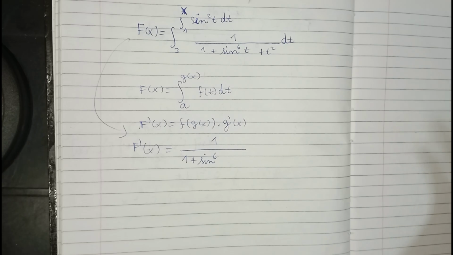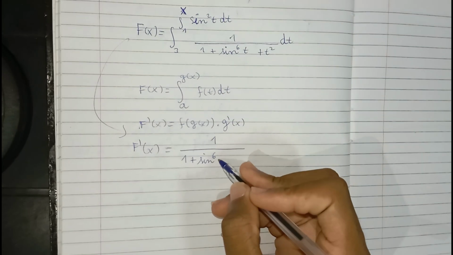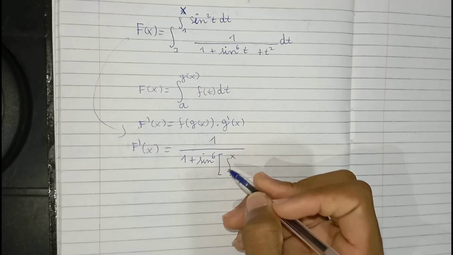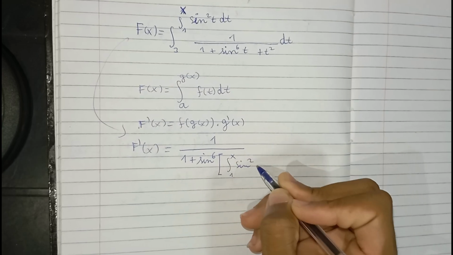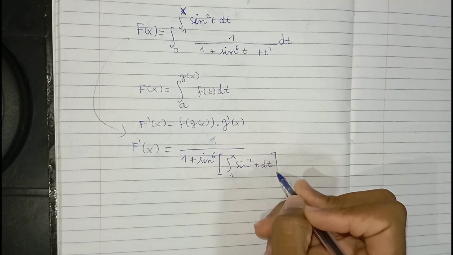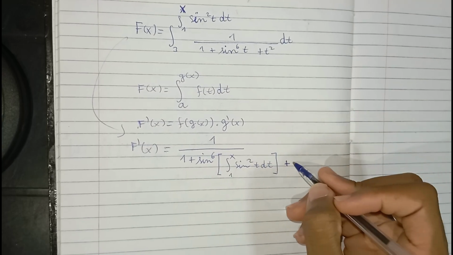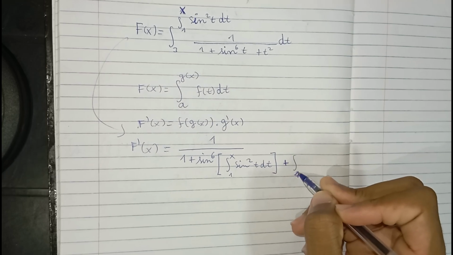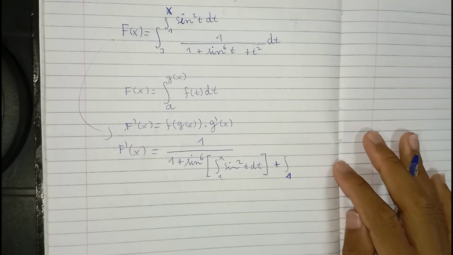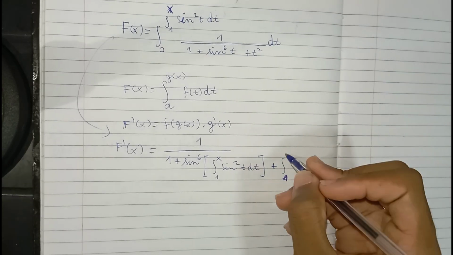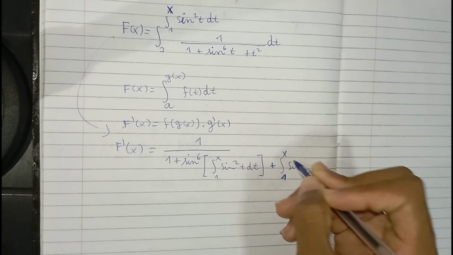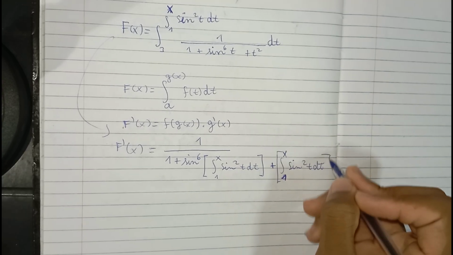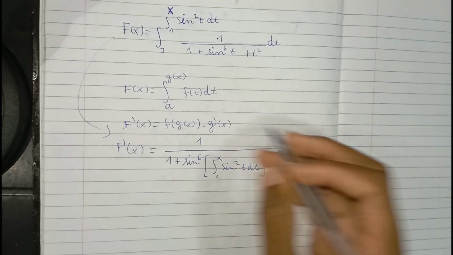Our g of x is this integral, so what we get here is the integral from 1 to x of sine square of t dt, plus the integral from 1 to x of sine square dt. Okay, good. Don't forget to differentiate this.